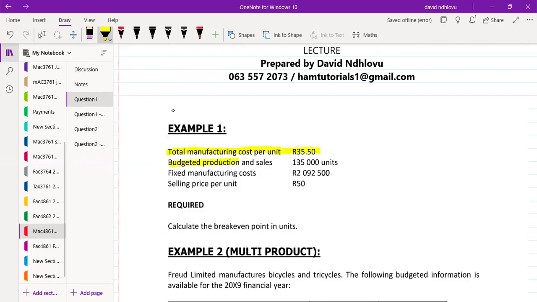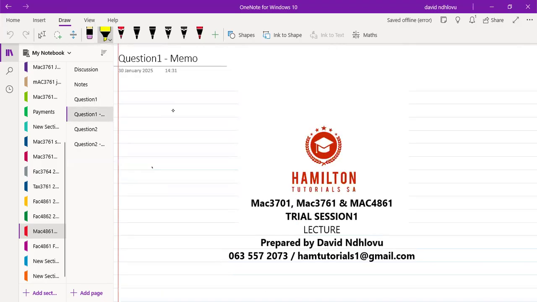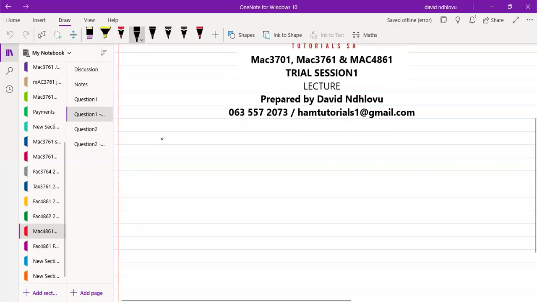The budgeted production and sales is 135,000 units. Fixed manufacturing costs are 2,092,500. And the selling price per unit is 50 Rand. Calculate the break-even point in Rand. So that is what we want to do. We want to give a memo for example number 1.